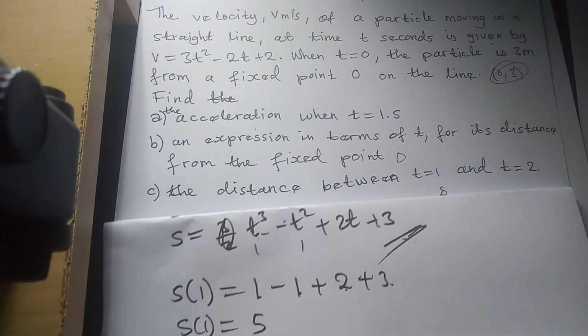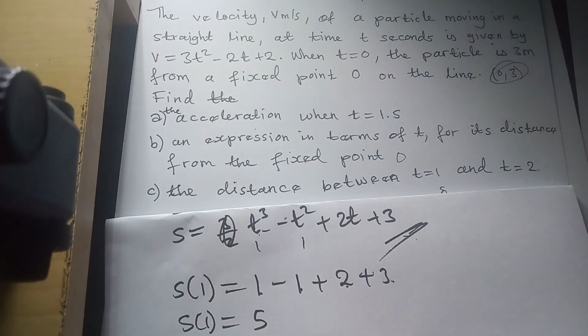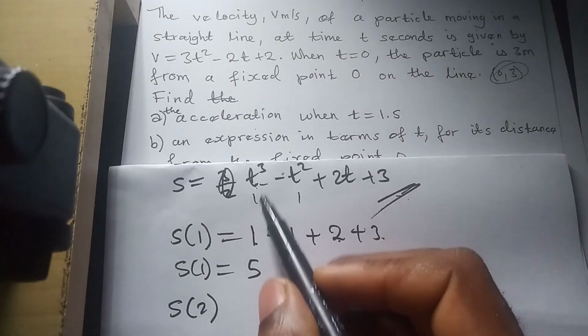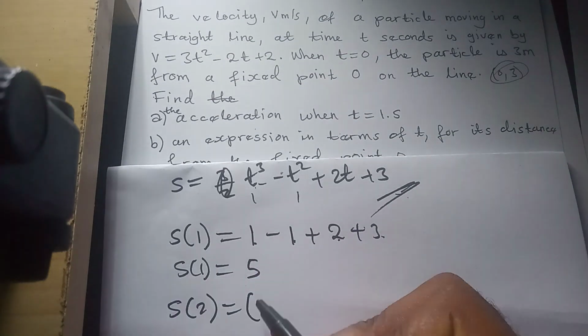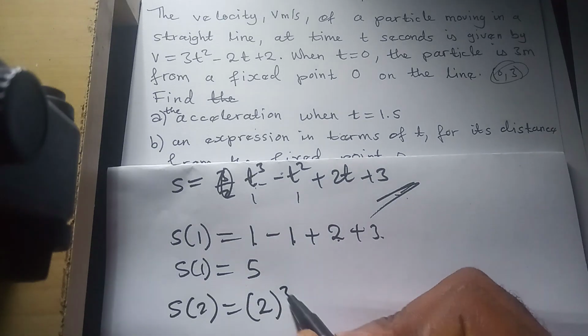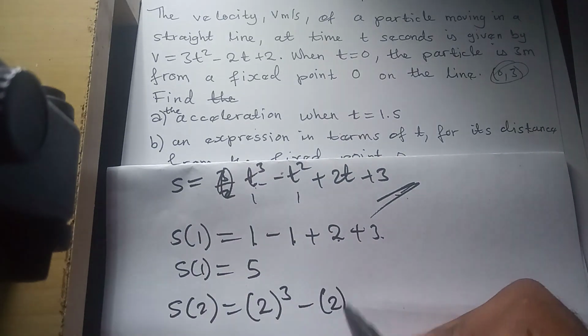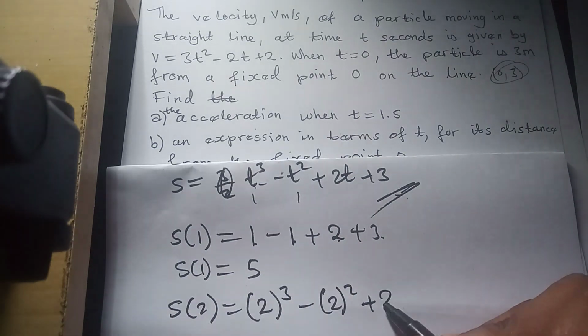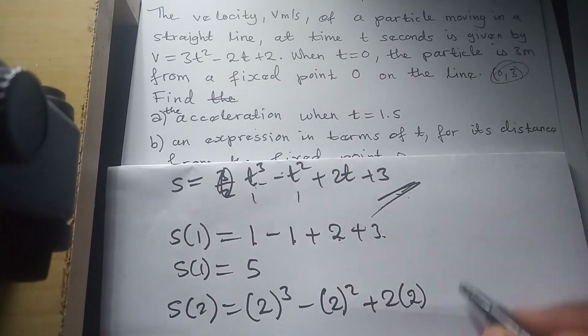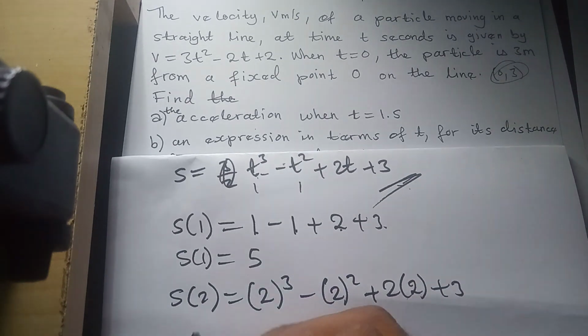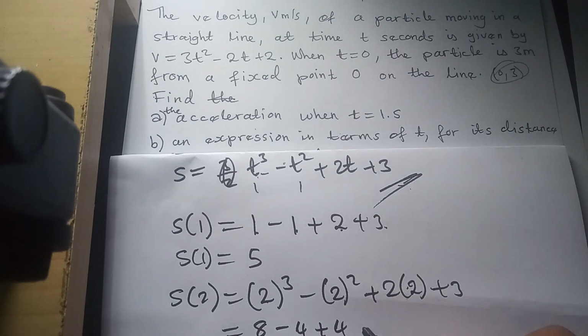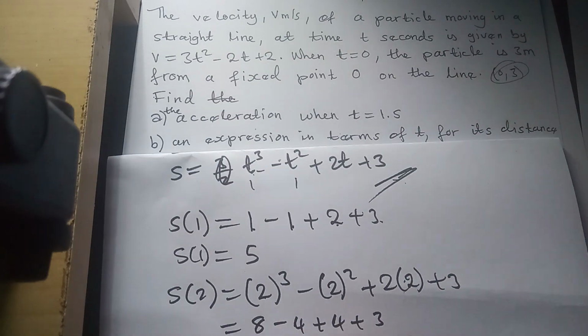And then our s of 2, I can substitute my 2's in there. So you can say 2 to the power 3 minus 2 squared plus 2 times 2 plus 3. And then this one will be our 8, this will be 4, then this will also be 4, this will be 3.